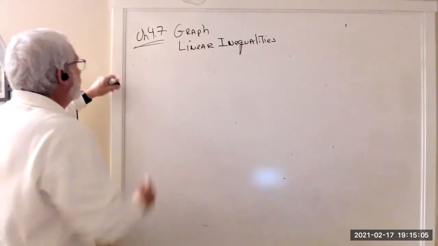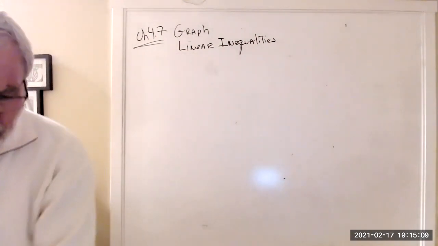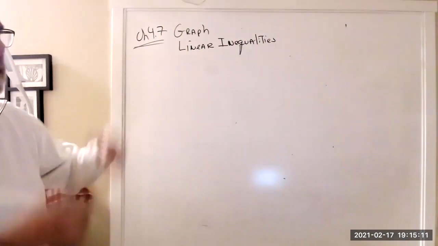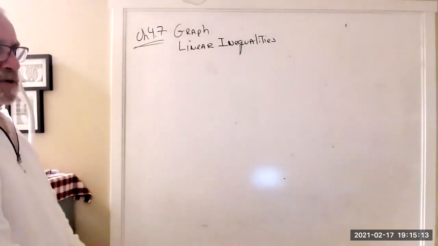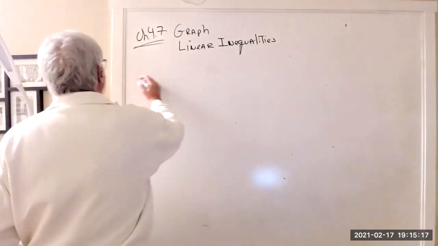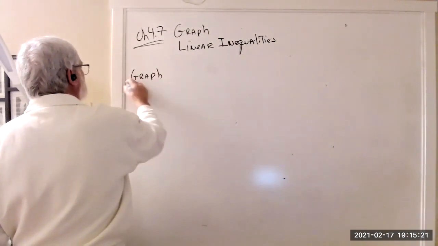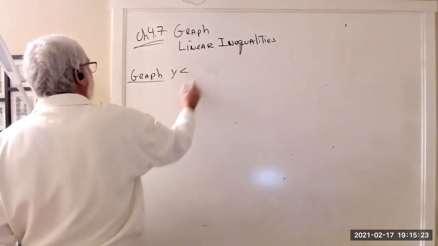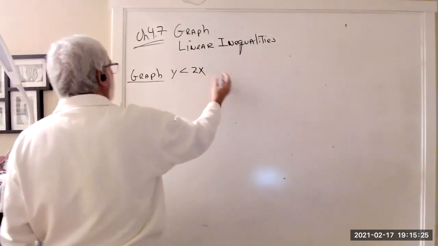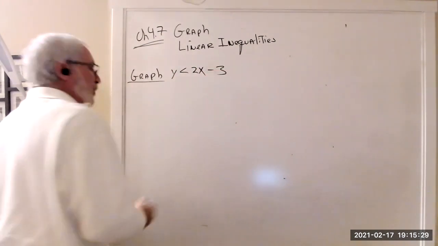I'm going to start by doing a problem, and then we'll do a couple of them together for the night. So here's the problem. I want to graph y is less than 2x minus 3. I want to graph that.